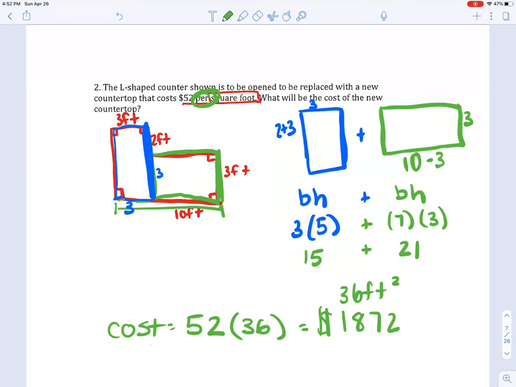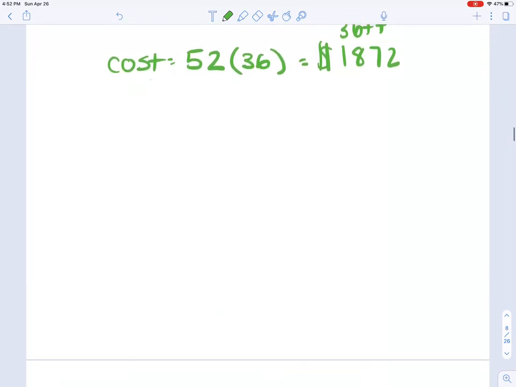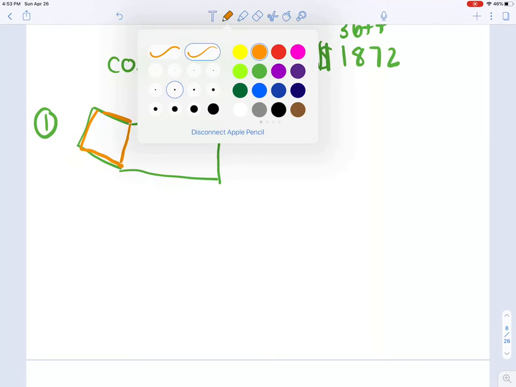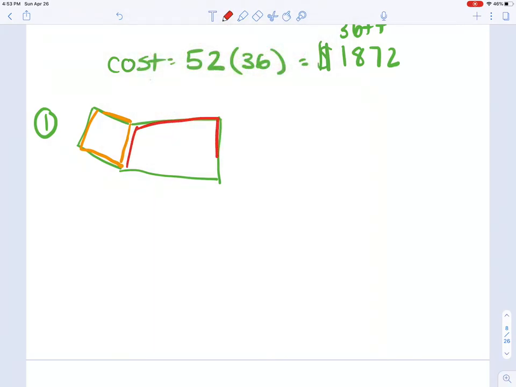So when you go to homework, I want you to draw out your pictures first. So if I were to look at homework number 1, I see something that looks like this. Okay, I would see one parallelogram and another parallelogram.